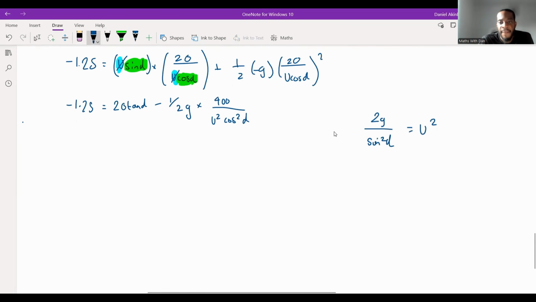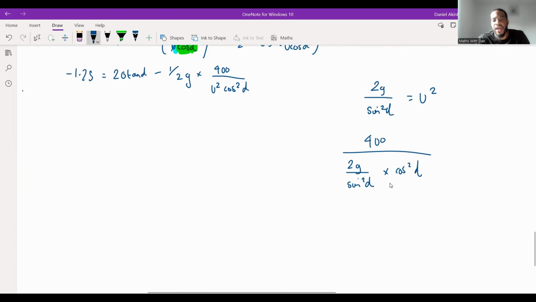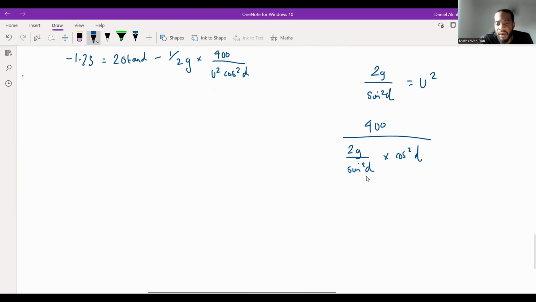So it's going to be 400 over u squared, which is 2g over sine squared alpha, multiplied by cos squared alpha. Let me be very careful here.